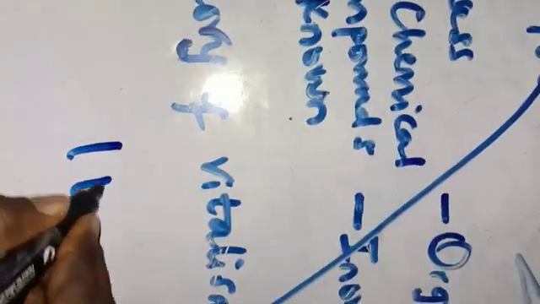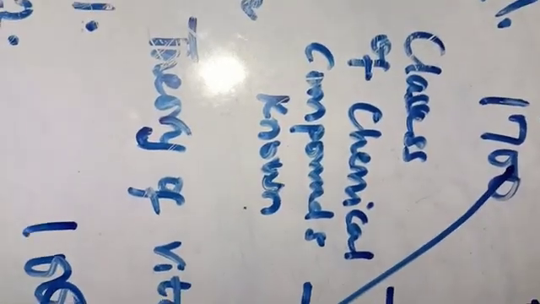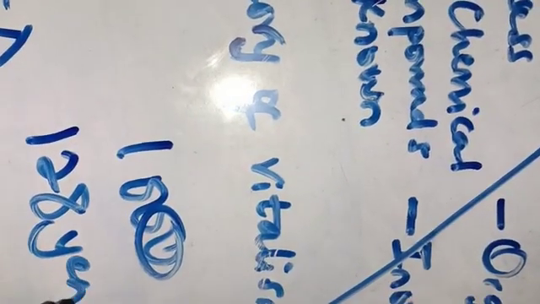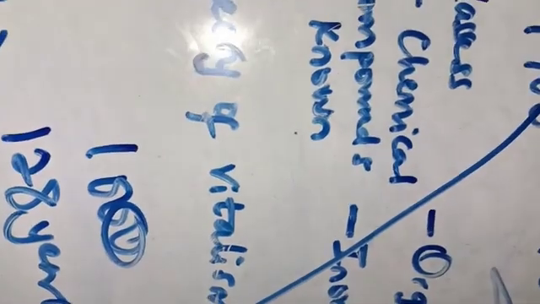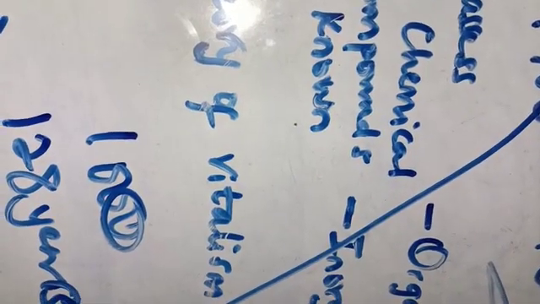That is 100 and above. If you calculate that, it would be about 128 years later. So that means the theory of vitalism had been in place for a while before Friedrich Wohler arrived.